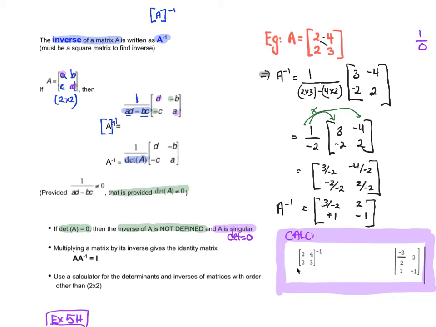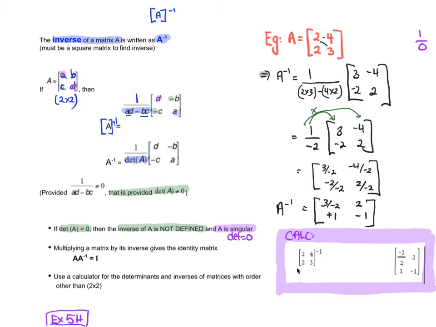So can you see up here in the formula, if det equals 0, I'd have 1 over 0, wouldn't I? And you can't do that. So therefore, it can't be solved. You can't find an inverse for that one. So you need to just remember, if the determinant equals 0, you can't get an inverse, and they will call that matrix singular.